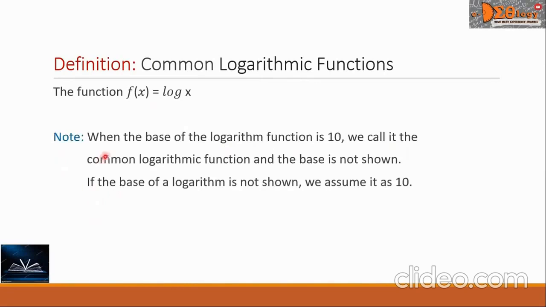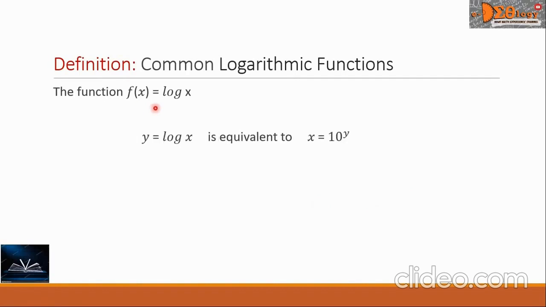There is a note: when the base of the logarithm function is 10, we call it the common logarithmic function, and the base is not shown. Likewise, if the base of a logarithm is not shown, we assume it as 10.